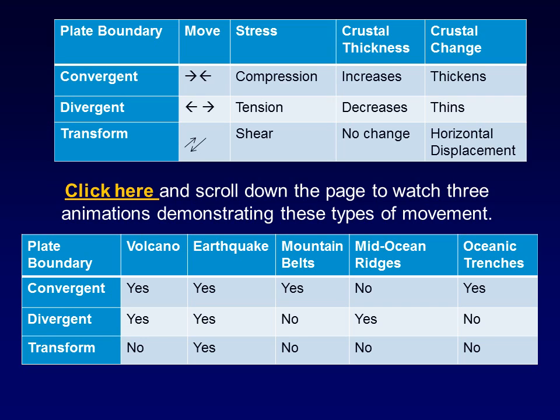So oceanic trenches, no, we don't have any way to get to that very deep depth that you do at a convergent boundary. So no, no oceanic trenches associated with divergence.